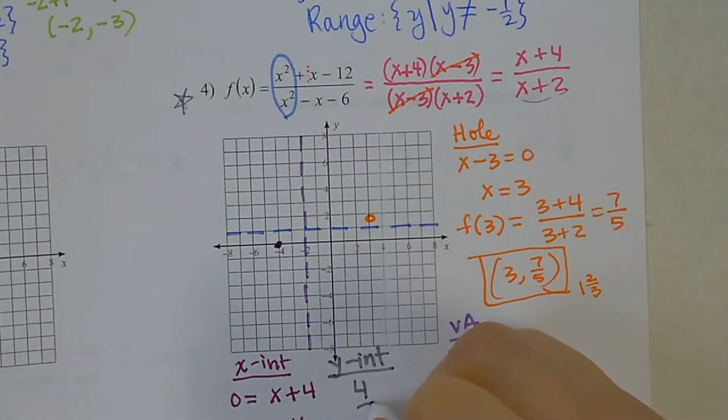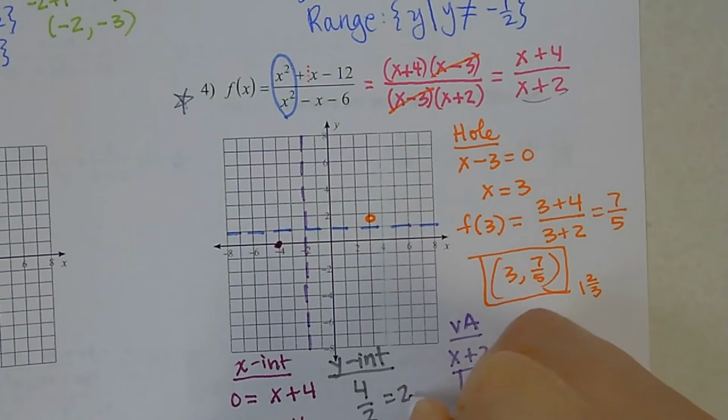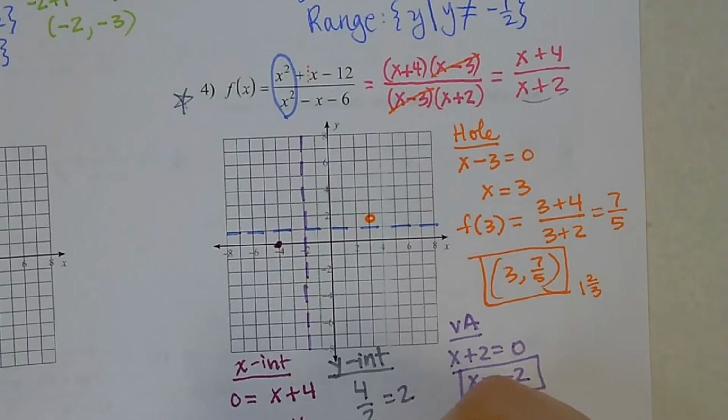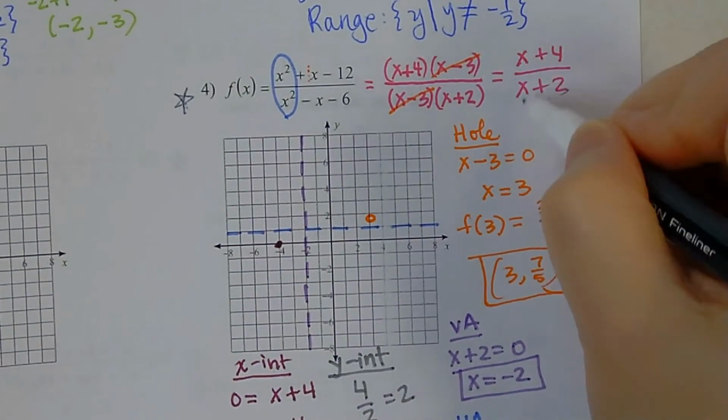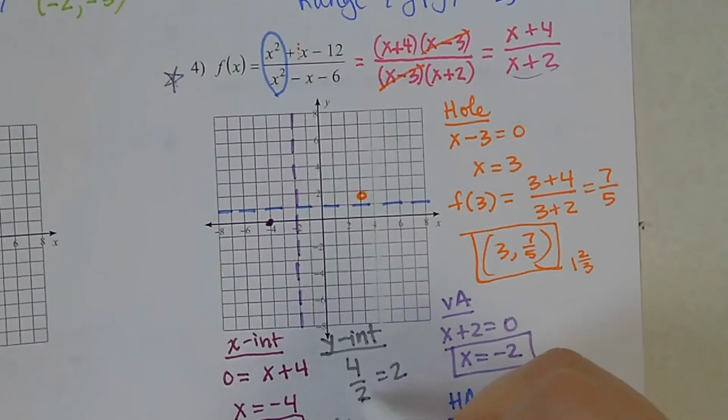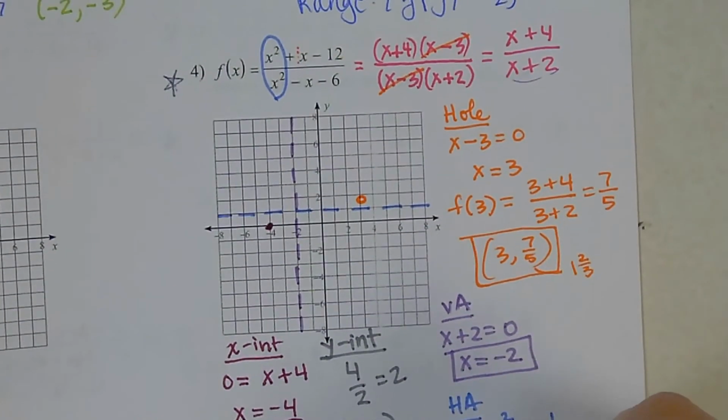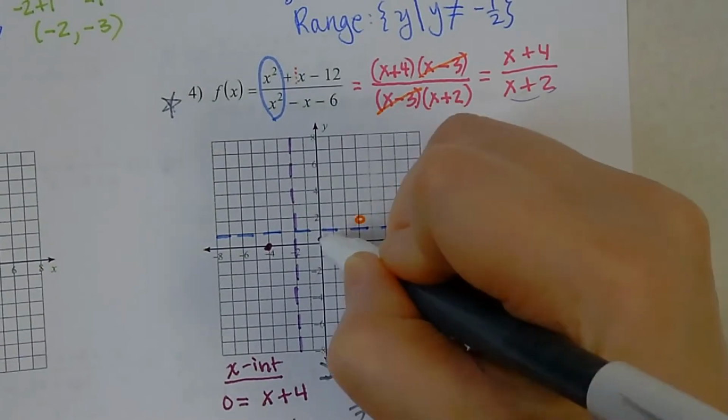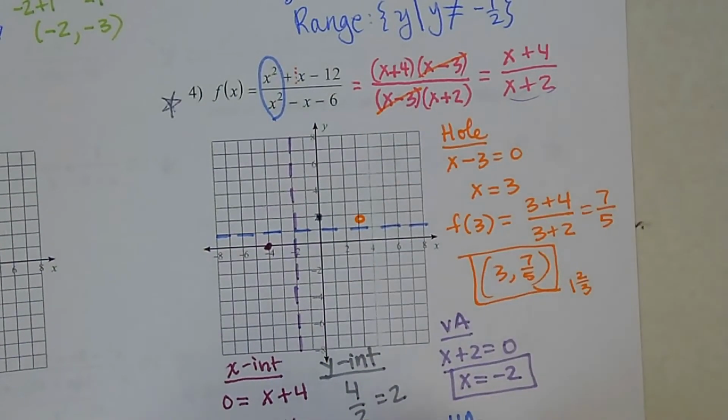So it's just going to be 4 over 2, which is equal to 2. So that's going to be 0, 2. If you want to plug in the zeros and show that, you can totally do that. If you want to just write it like this, that's fine as well. So 0, 2, right there.